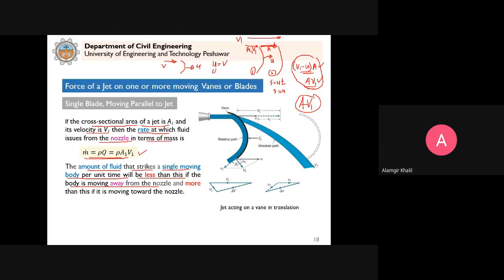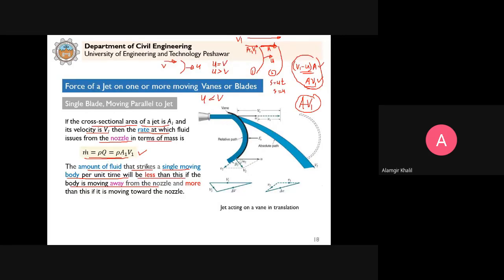And if the velocity of the vane is greater than the velocity of the jet, then in that case the jet will never hit the vane. So only the case is when u is less than v. In this case, the jet can reach the vane and it can hit the vane.